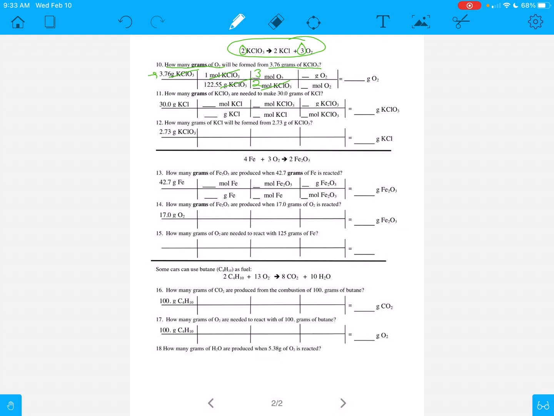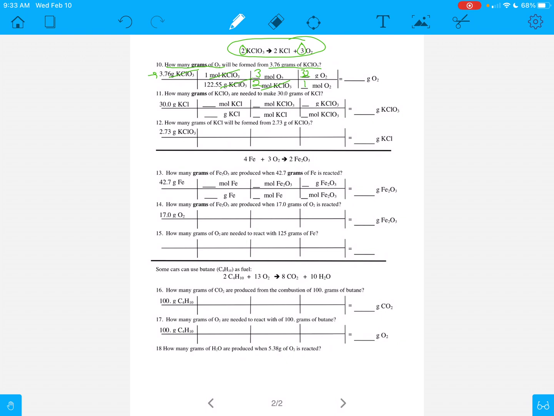Well, I need to know molar mass. I know that there are 32 grams of O2 in every 1 mole of O2. How did I get that? Well, molar mass, you get that from the periodic table, right? You just add up their masses. So now I'm ready for the math. We've done the English. Now let's do the math. And the math looks like this. Hold on here.